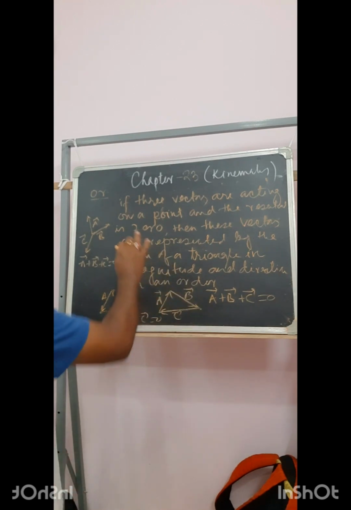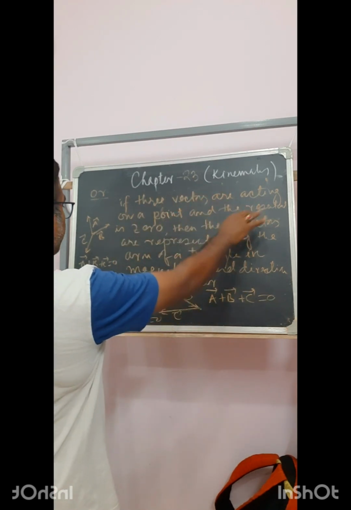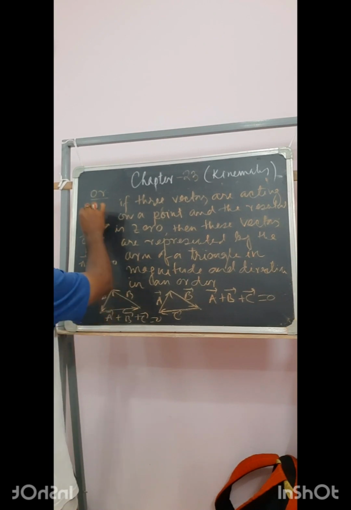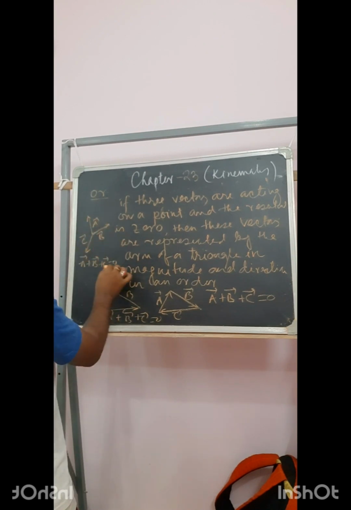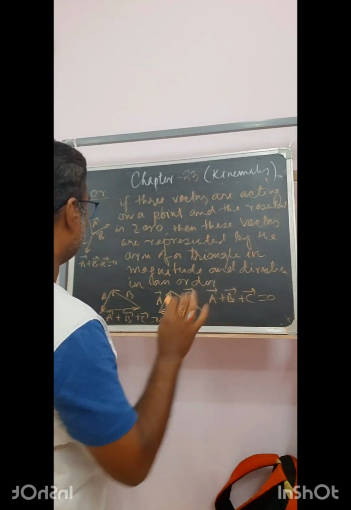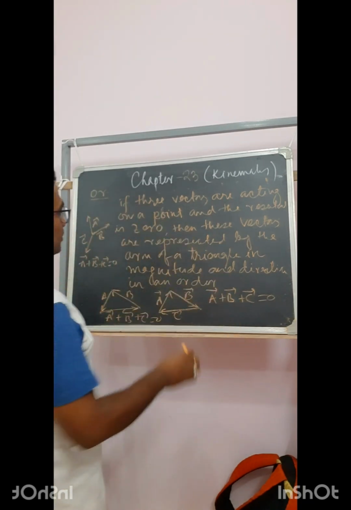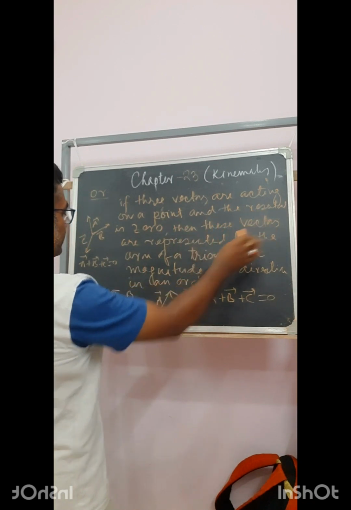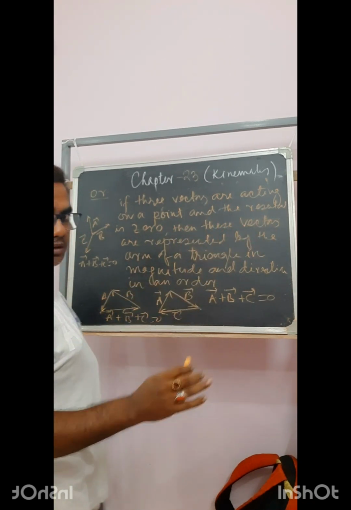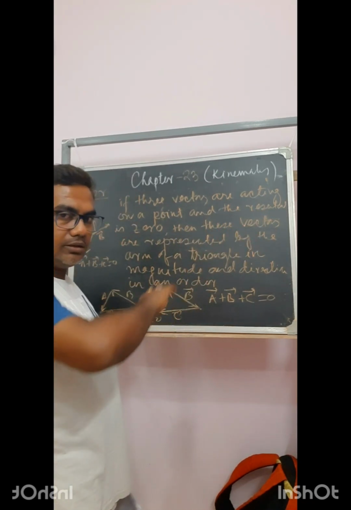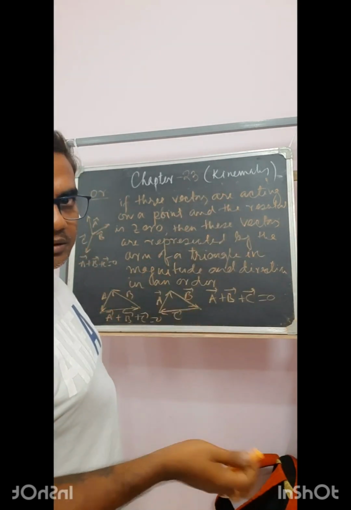So in this case, three vectors acting on a point, if the resultant of the three vectors is 0, there is no residue vector acting in any direction, then the vectors can be represented by the arms of a triangle in one order.